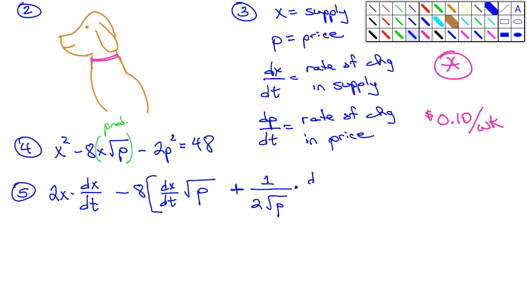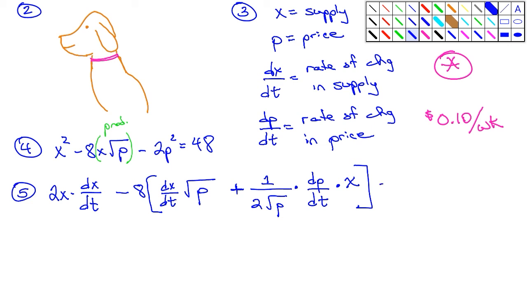The derivative of p is dp/dt, times the left function, the first function, unchanged, which was just x.